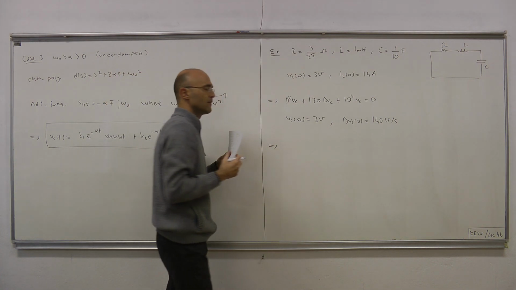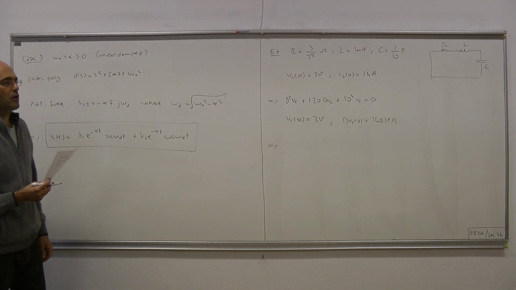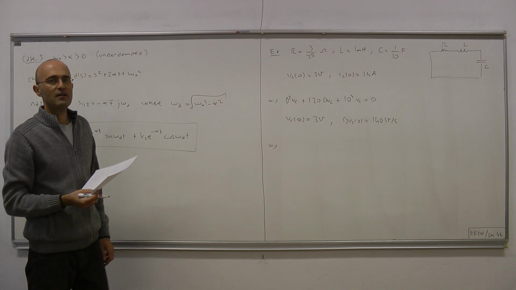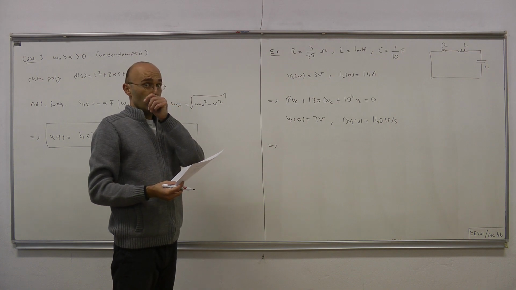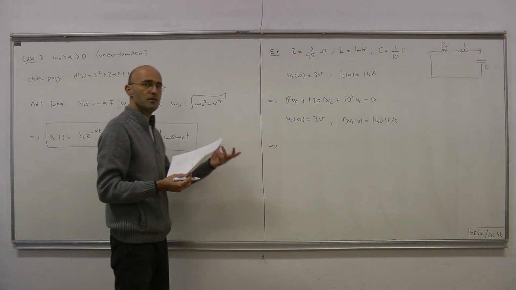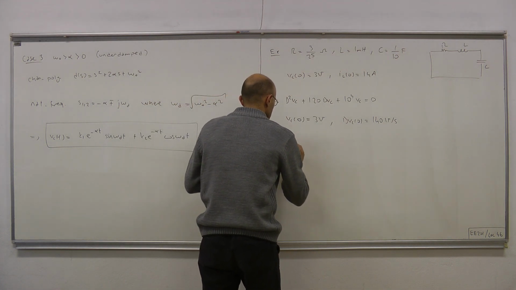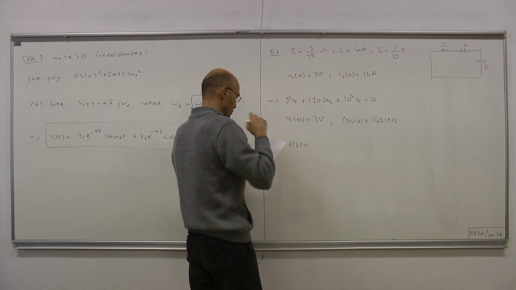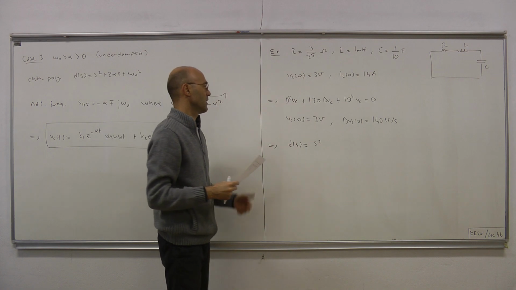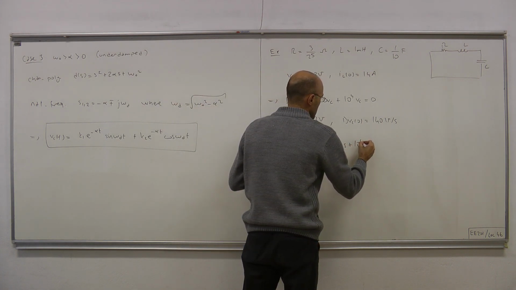Okay. Now let's obtain the solution for Vc(t). For that we require the roots, the natural frequencies, and for natural frequencies we need the characteristic polynomial, which the natural frequencies belong to as the roots. So D(s), the characteristic polynomial, is directly coming from the differential equation: s squared plus 120s plus 10 to the 4.